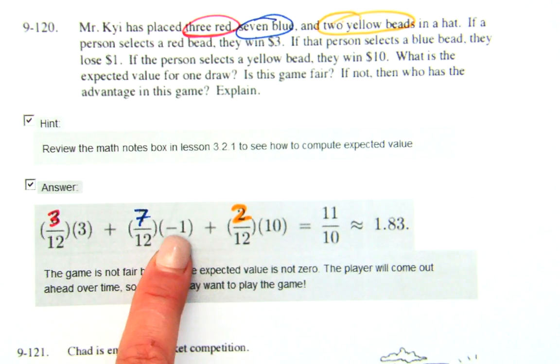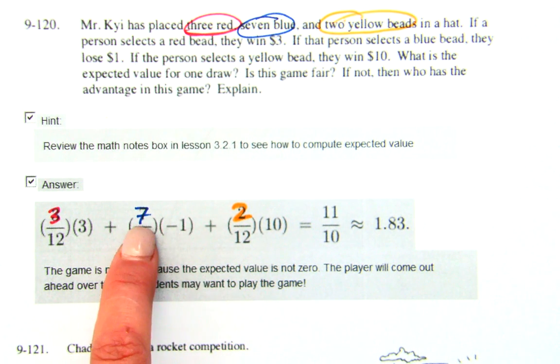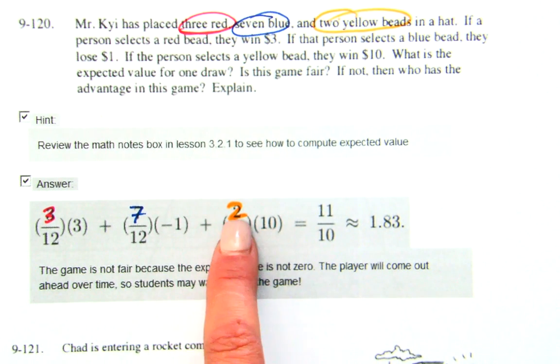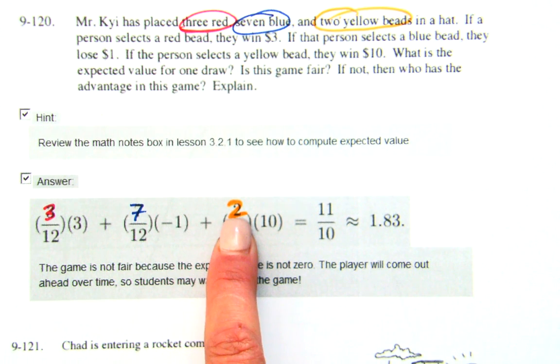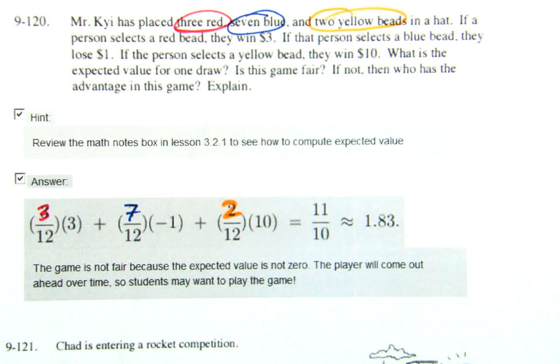You're going to lose $1 if you get the blue, and then you're going to win $10 if you get the yellow. So you multiply that out, you should get somewhere close to 11 out of 6, or better known as 1.83.